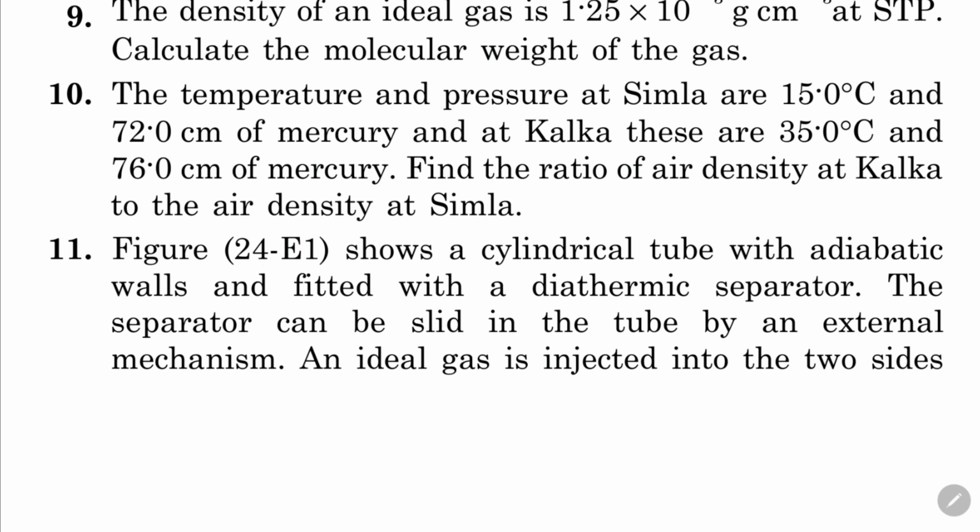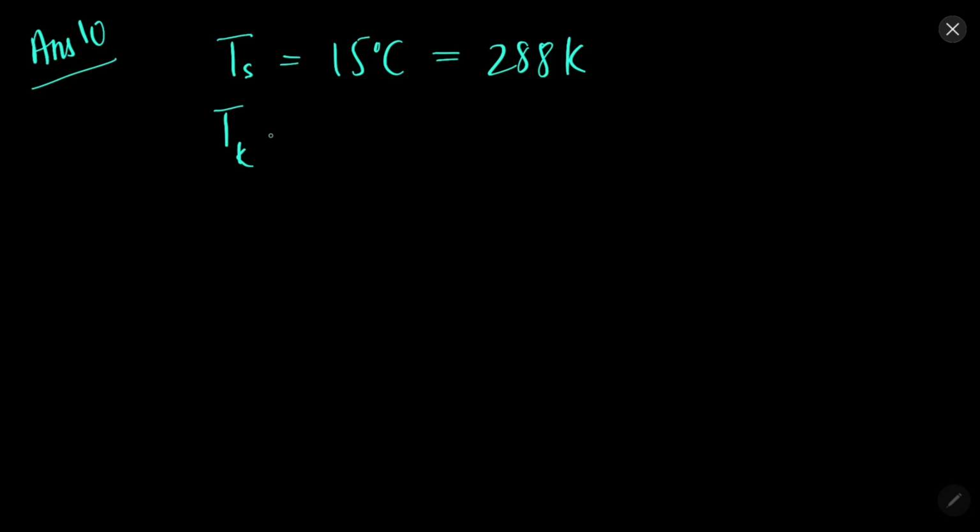Now in question 10, the temperature and pressure at Shimla is given and at Kalka is also given. We need to find the ratio of the air densities. So at Shimla 15 degrees Celsius, that is 288 Kelvin. At Kalka 35 degrees Celsius, that is 308 Kelvin.